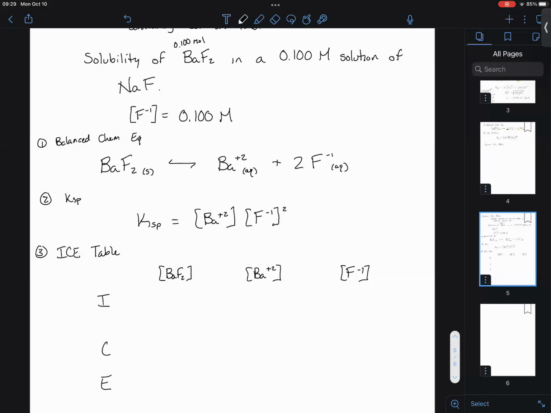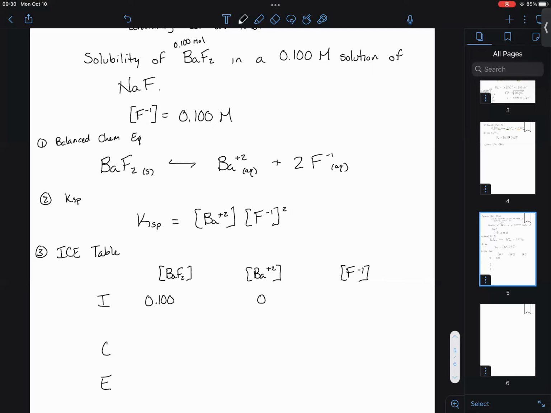So again, I'm going to start out with some amount of my barium fluoride here. It really doesn't matter how much. This is one of the interesting things about solubility products: it doesn't matter how much you start out with, you'll always get the same equilibrium concentration of those two ions, as long as you have enough. Since the solubility of these compounds is so little, you really don't need much to get saturation, the highest concentration of barium and fluoride that you could get.